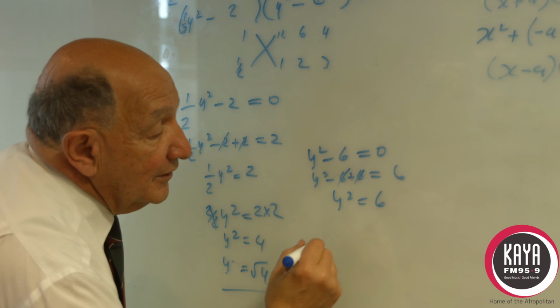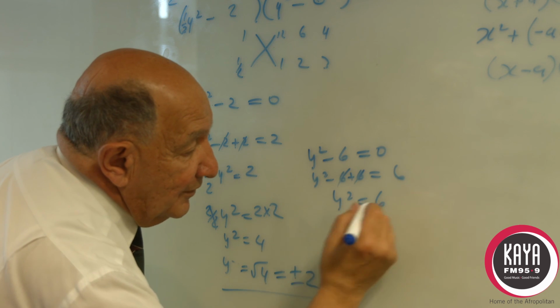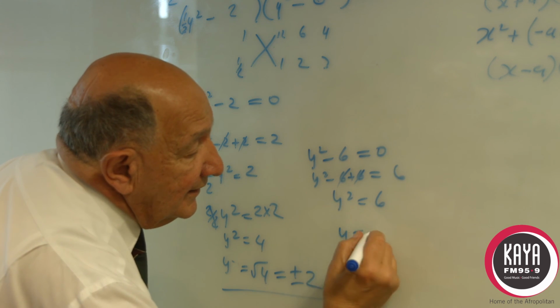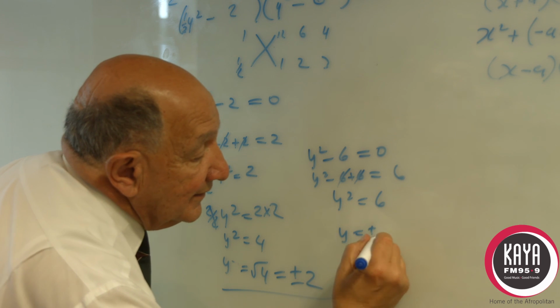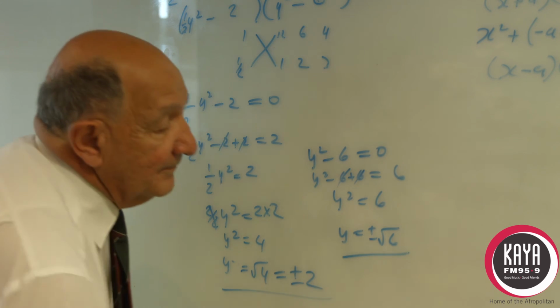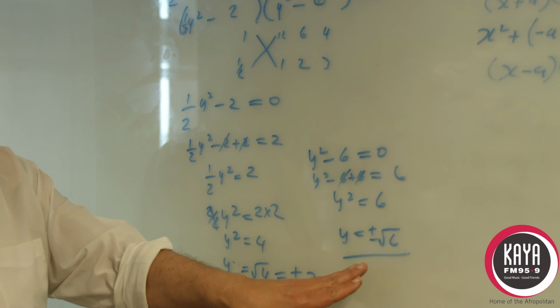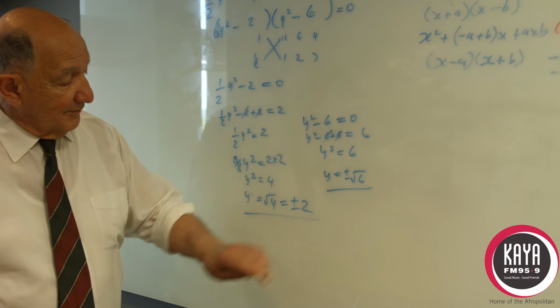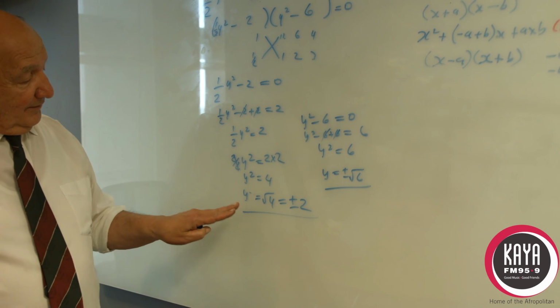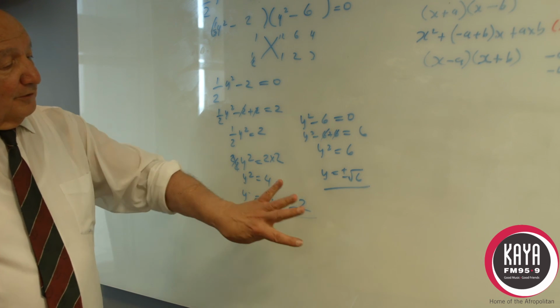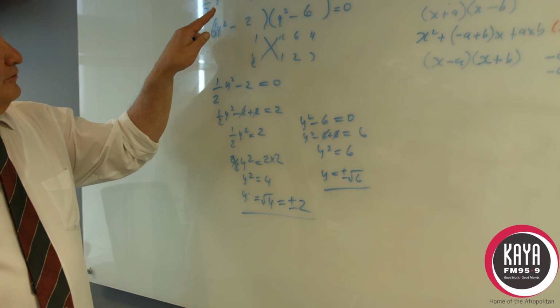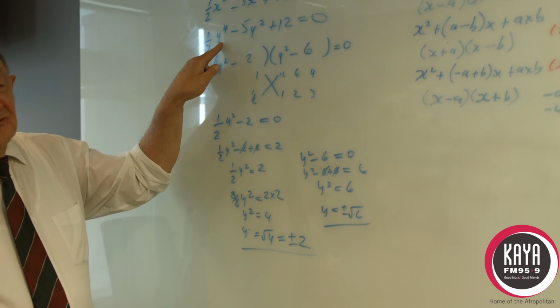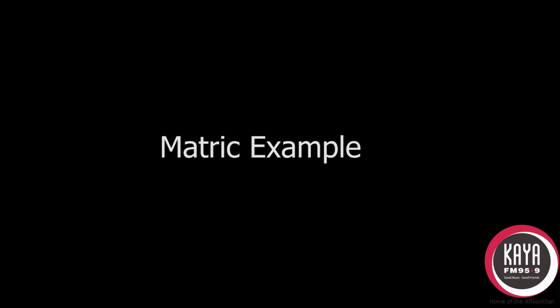Then the square root of both sides gives us y is equal to plus or minus the root of 6. So these are the solutions: plus or minus root 6, and plus or minus root 4. We have 4 solutions because we are dealing with an equation to the power of 4.